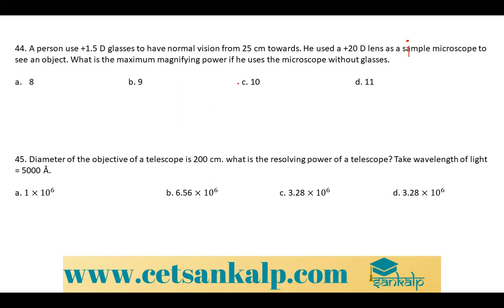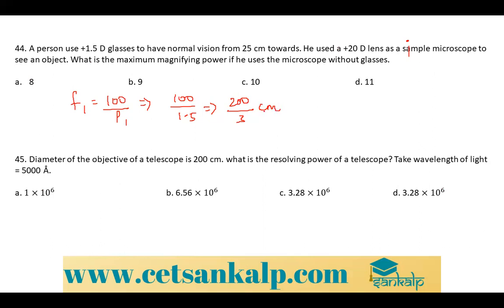So we have to do this slowly, one by one. First find F1, that is the focal length of the glasses. F1 is equal to 100 divided by P1. So it is 100 divided by 1.5, which is 200 divided by 3 centimeter.